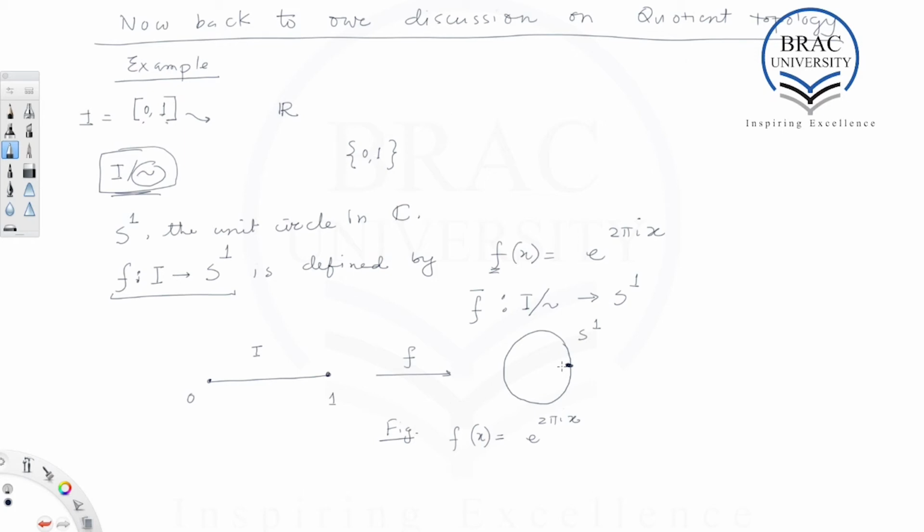Okay, so now I have a proposition, proposition 6, which tells us that this function f bar from this quotient space to S1 is a homeomorphism.